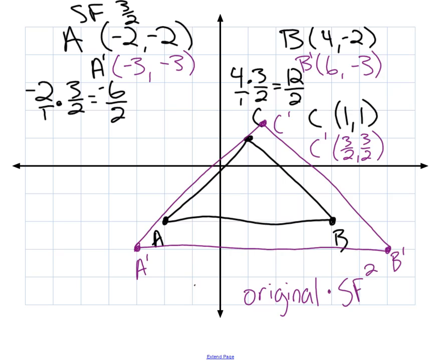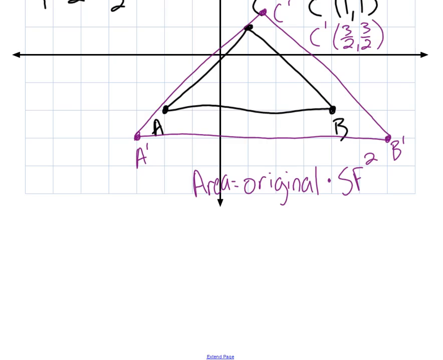We talk about area. So if our scale factor was what? 3/2. So our area would change by a rate of 3/2 squared. So we'd have to multiply 3/2 times itself.